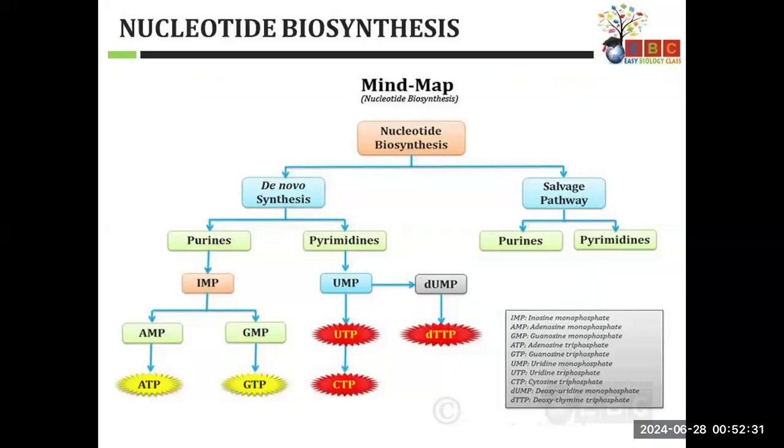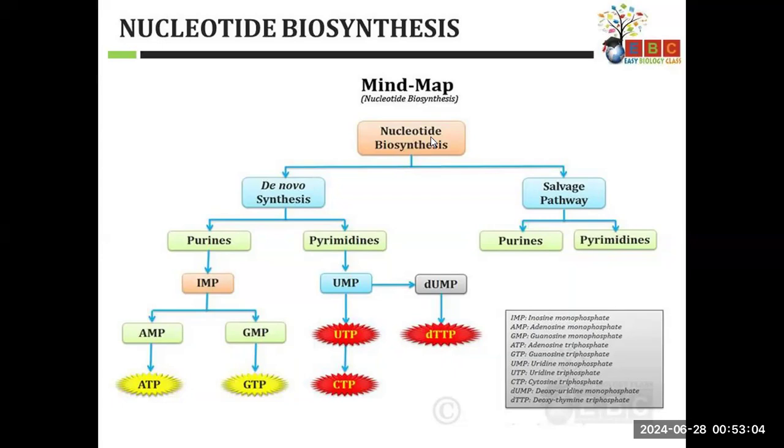This shows you the complete metabolic map of nucleotide synthesis. Nucleotide biosynthesis, right here, has two pathways. De novo synthesis, as I pointed out, starts from separate atoms or scratch, and the salvage pathway is the recycling of already synthesized purines or nucleosides.